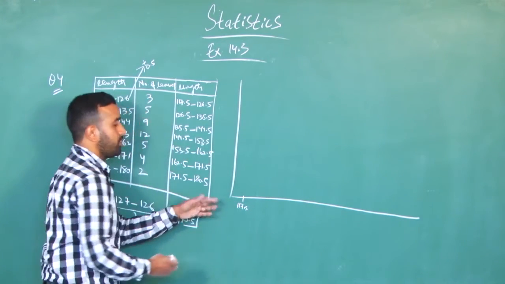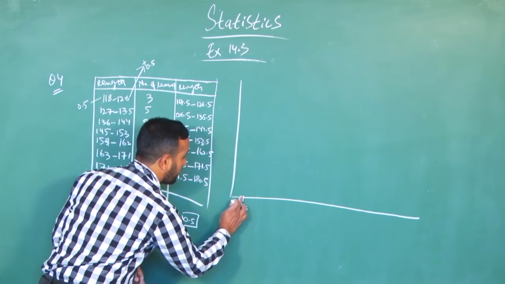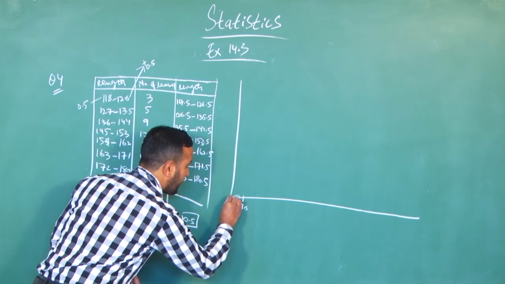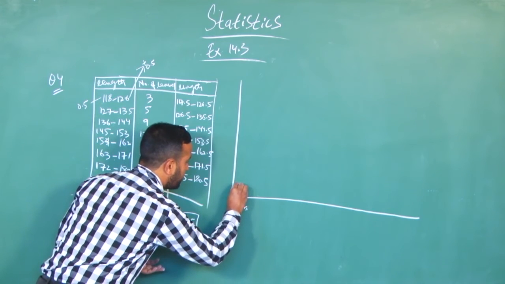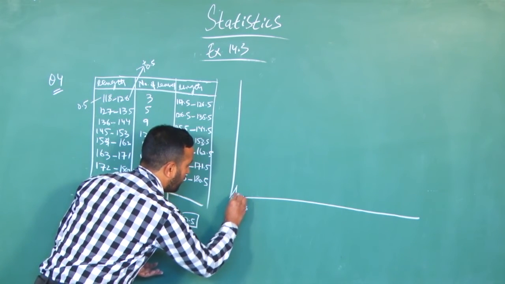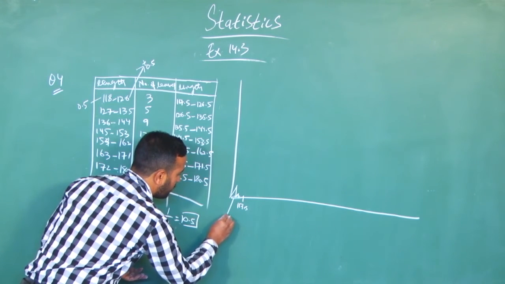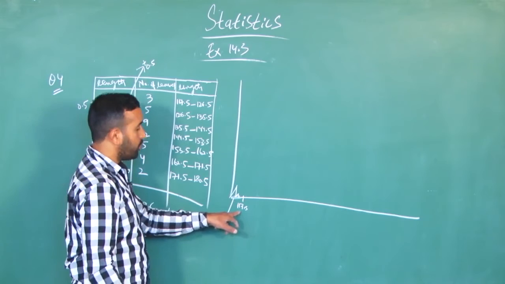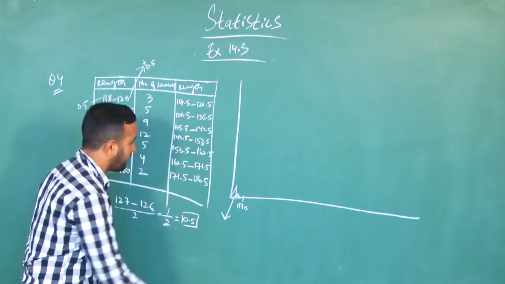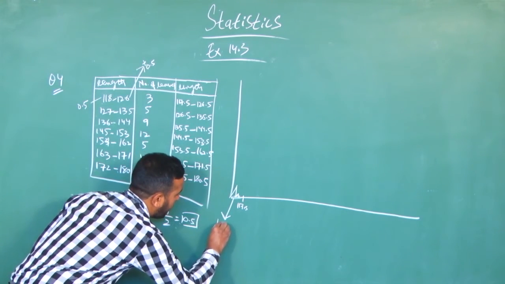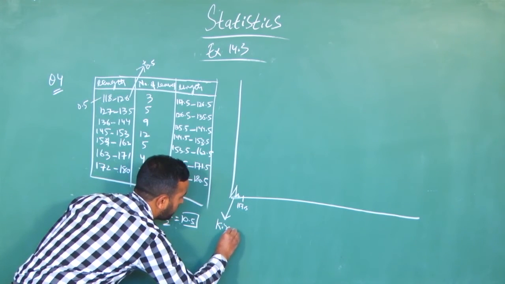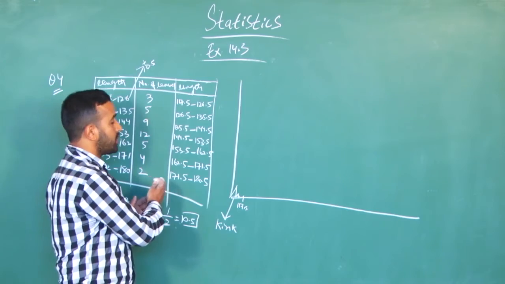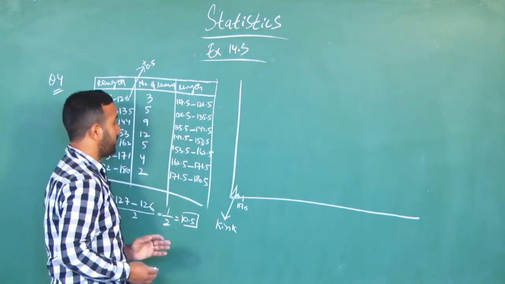Directly we cannot jump to 117.5, but there is a graphical representation with the help of which we show that all those values before that are included. This is known as the kink of the graph, showing that all values before 117.5 are included.